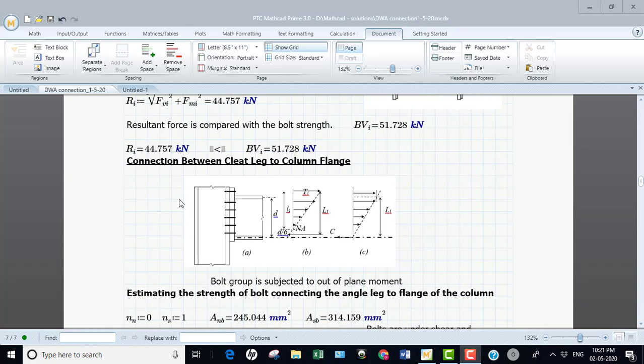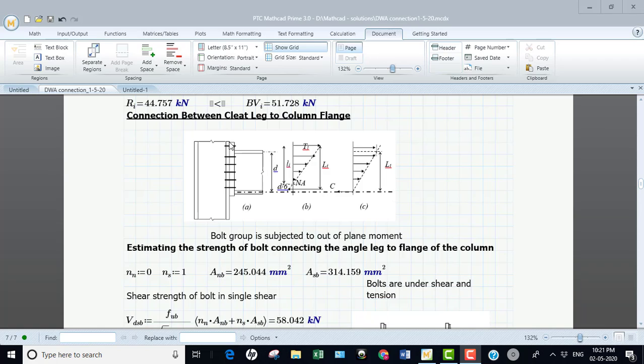So I am going for the connection between the cleat angle leg and the column flange. As I told, these bolts are subjected to out of plane rotation. Because of out of plane rotation, some of the bolts are under tension, some of them are in compression. This theory we already learned in the previous course.